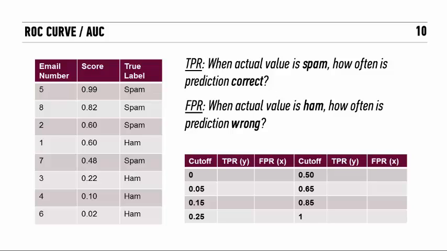How often is our prediction going to be wrong? 25%. We're going to predict this guy wrong, because this guy's ham, but he's above our threshold. So we're going to predict this guy to be spam, when in fact it's really ham. This guy's going to be wrong. These guys are going to be right. 25%.